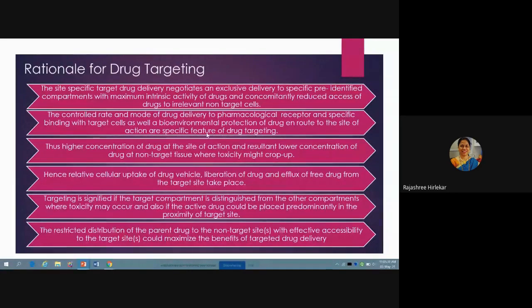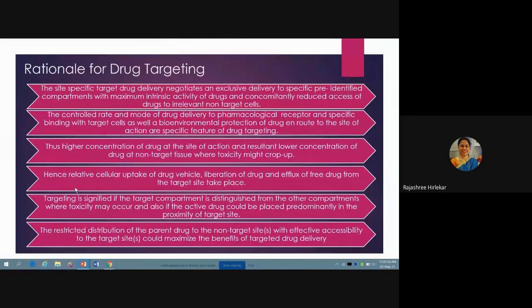So you are getting the drug delivery direct to the target and you are protecting the drug till it reaches the target. This is the important thing in the case of drugs which get degraded before they reach the target. So you get a higher concentration of the drug at the site of action and a resultant lower concentration of the drug at the non-target tissue where the toxicity might crop up.